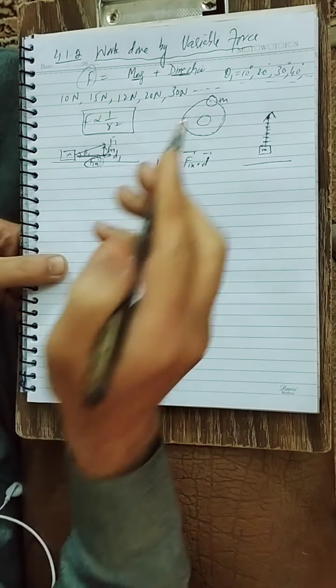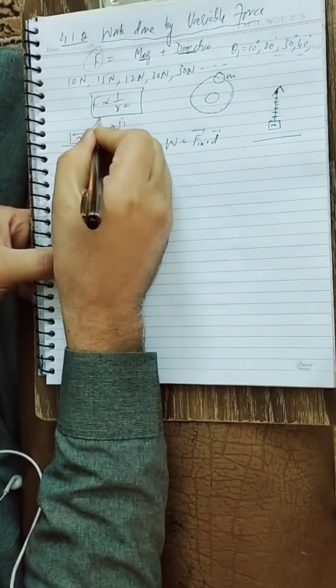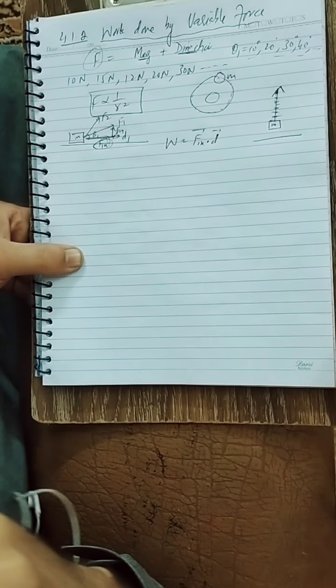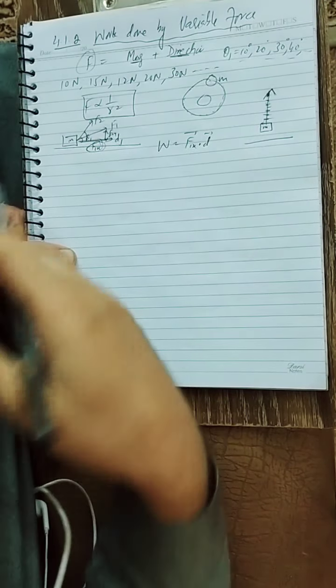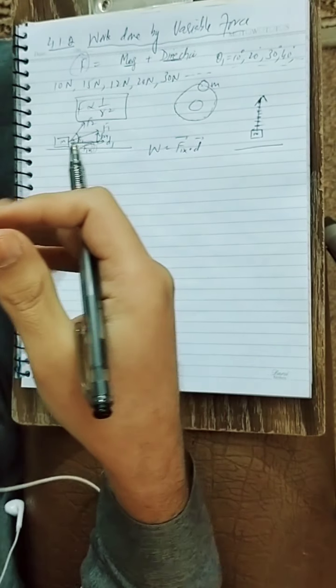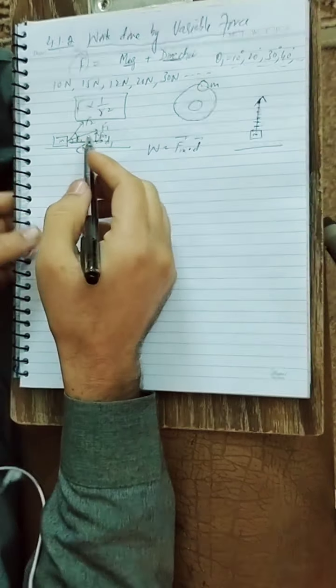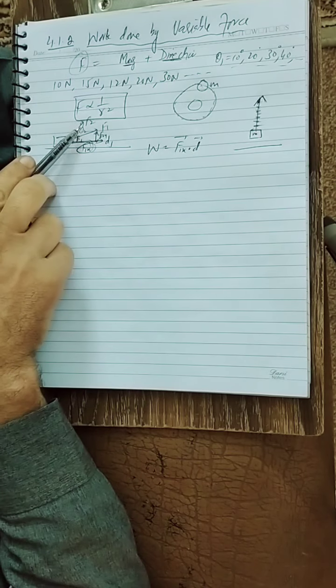Now look here. If we change the direction, this force is F2. Why is the force changing? Because the direction is changed. The angle is changed, meaning the direction is changed, so the force is changed, because in a vector quantity, if the magnitude or direction is changed, the vector will be changed. Now the other angle is theta 2, so we have to resolve this force again.